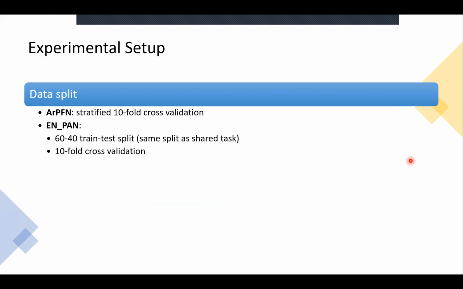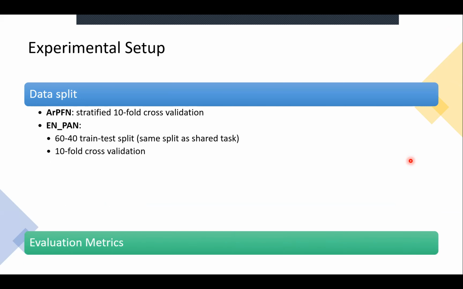Okay. So for the data split in our experiments, we used 10-fold cross-validation for the Arabic dataset. We similarly also used 10-fold cross-validation for the English dataset, but in order to compare our results with the shared task results, we also used the same split that was used in the shared task, which is a 60% to 40% train-test split.